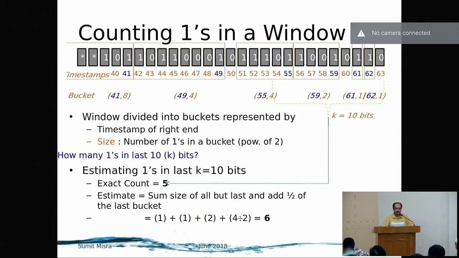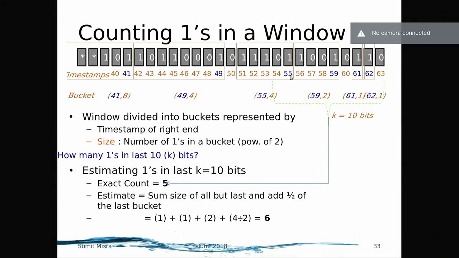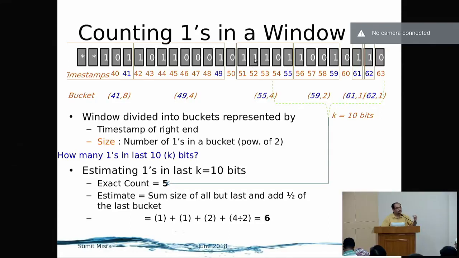Here what they do is bucket it in multiples of 2, that is, buckets of size 2 to the power of 0, then 2 to the power of 1, then 2 to the power of 2, and so on. Then you can record the starting of those windows, and you take the windows as far as you cover the number of bits that you want. For example, here I want to cover 4 bits, because of the 2 to the power of 2 window.